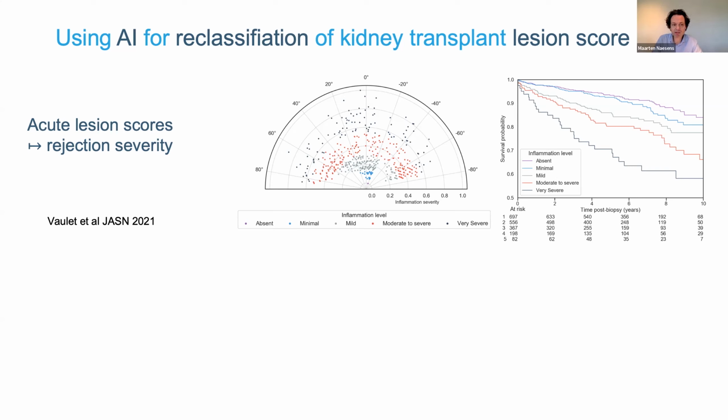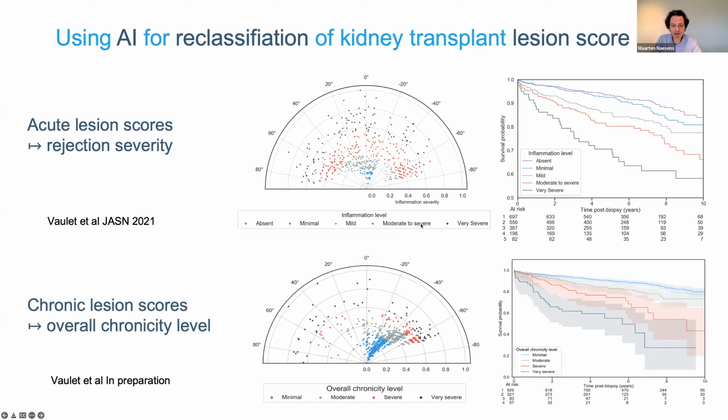In a paper published in JASN 2021, we only focused on acute lesion scores, but we are now working on a new analysis where we also integrate chronicity in this algorithm, and where we show again that the higher the chronicity score of a given biopsy, the lower the survival is on the long term after the biopsy.